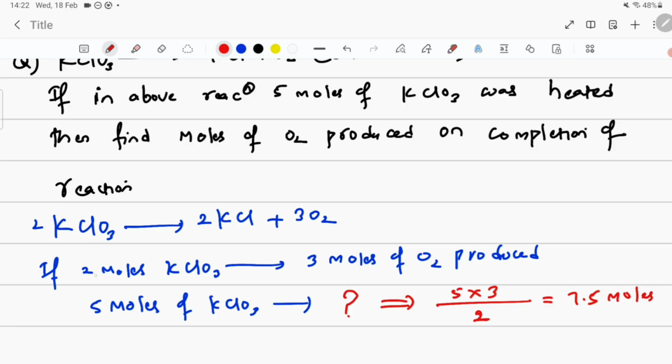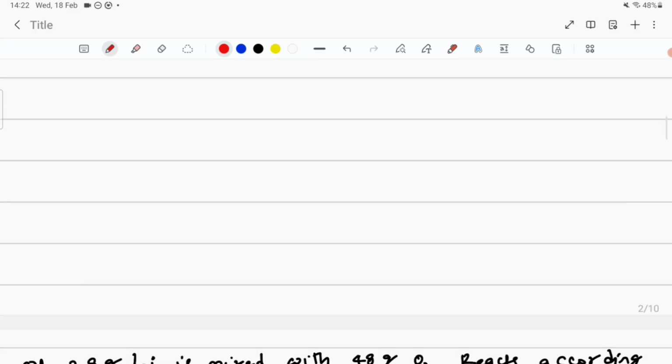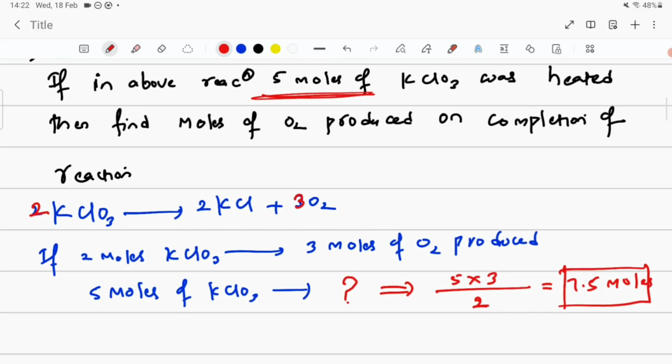Once again, 2 moles of KClO3 giving 3 moles of O2 according to the reaction, and 5 moles given in the question. Cross multiply 5 into 3, and the value diagonal to the question mark goes in the denominator. Then you will get 7.5 moles as the answer. Next question, easy, directly you can solve it.